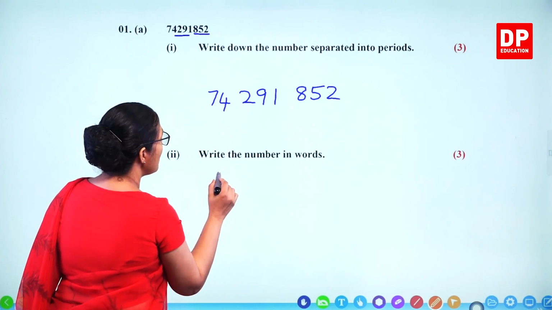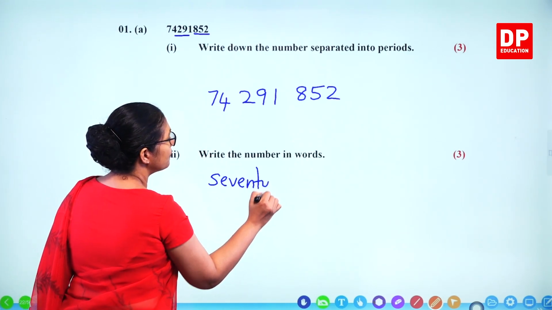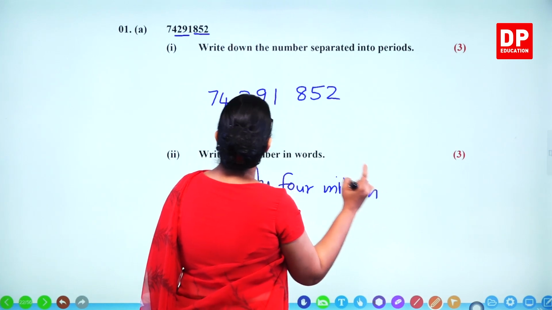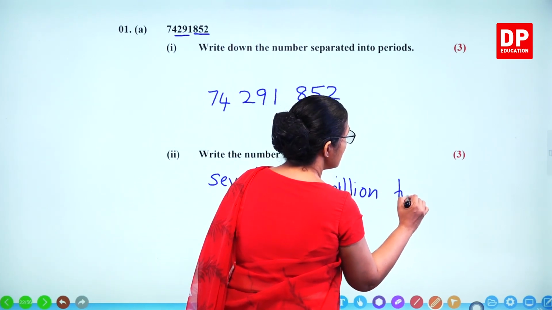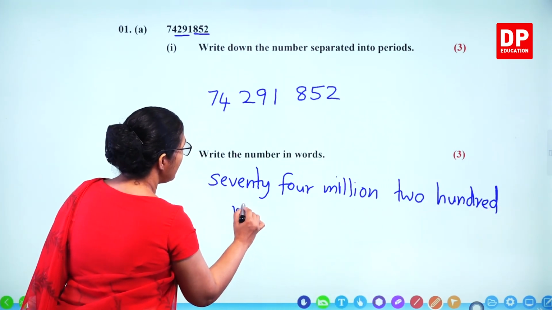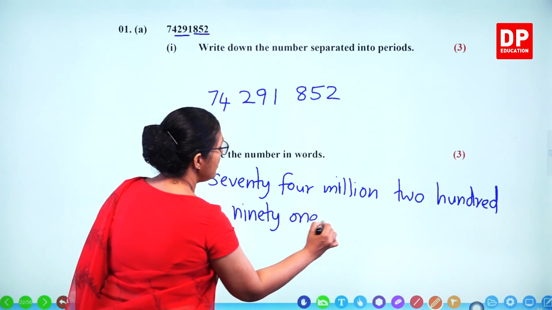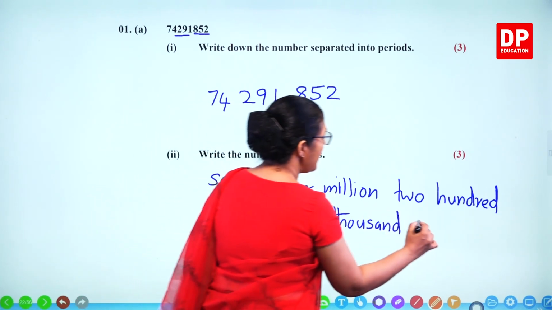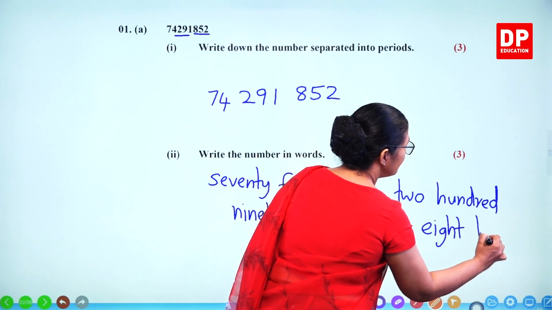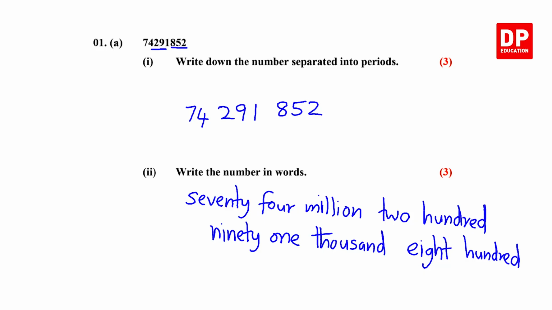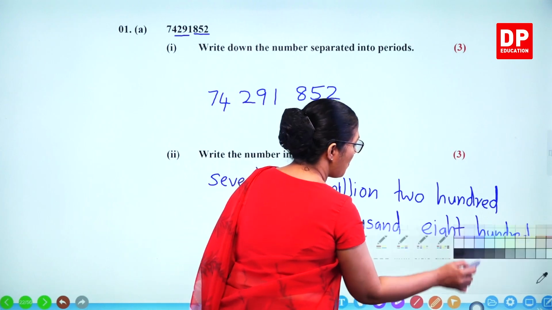So how you write down? 74 million, 291,000, 800, 52. So that's the number.